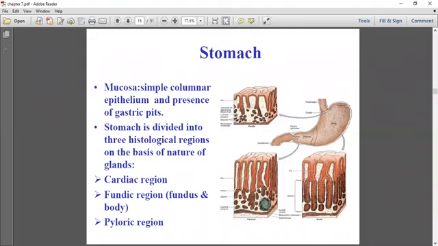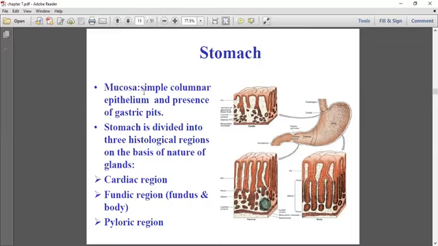The fundus or fundic region is rich with glands, then the body, and the narrow end of the stomach, the pylorus region or pyloric, having a sphincter directly linked at a specific junction with the first part of the small intestine, which is the duodenum.